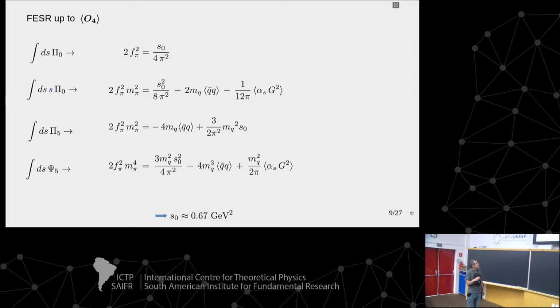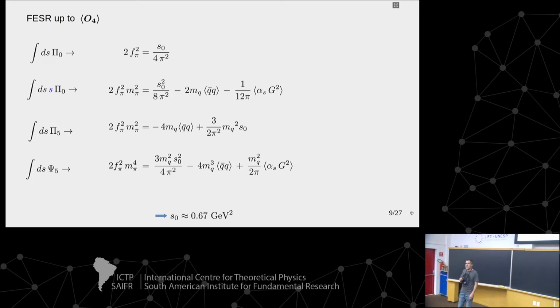Considering just pions only, we get this hadronic threshold. I didn't put all the results, but for example, the current quark mass is about 10 MeV, and if we include the A1 resonance, the hadronic threshold is about 1.2 GeV squared, and the quark mass is about 5 MeV.